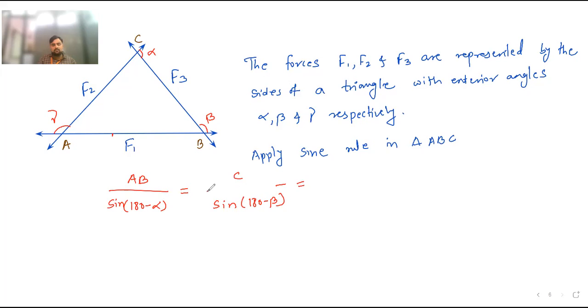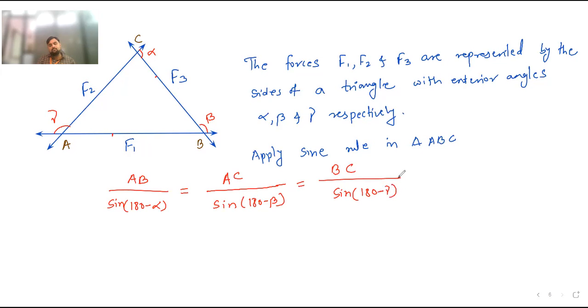What side have we taken? AB, for AB this angle. For BC it is gamma. For AC it is beta. So here I have written beta, so I will write AC. For the opposite side, the exterior angle has to be taken. The angle opposite the side is always taken. I am assuming that you know the sine rule, because you have learned it in trigonometry. Next is BC, BC divided by the exterior angle opposite to it, sine of 180 minus gamma.